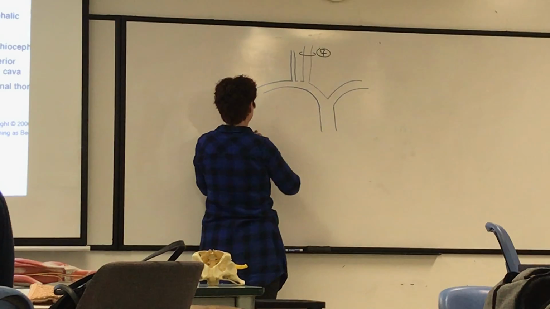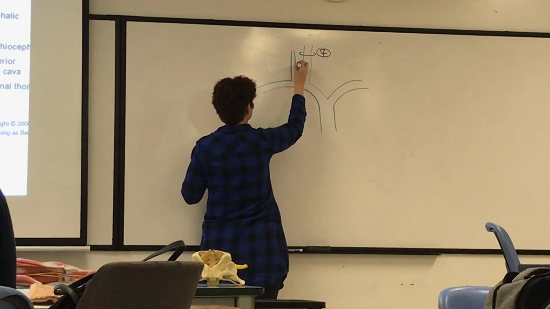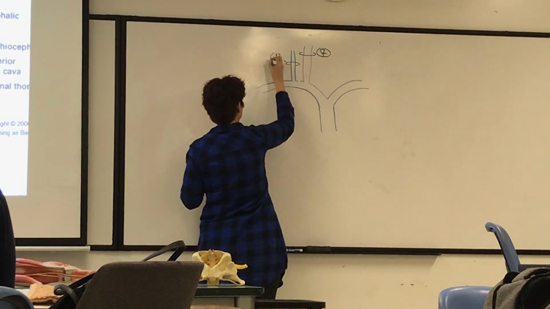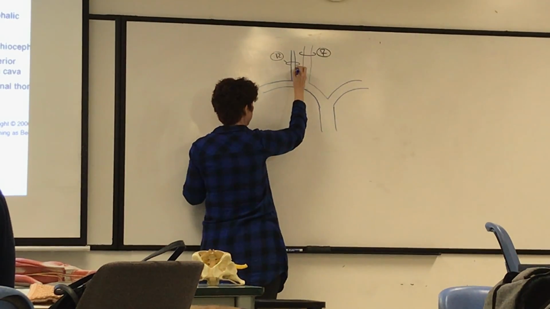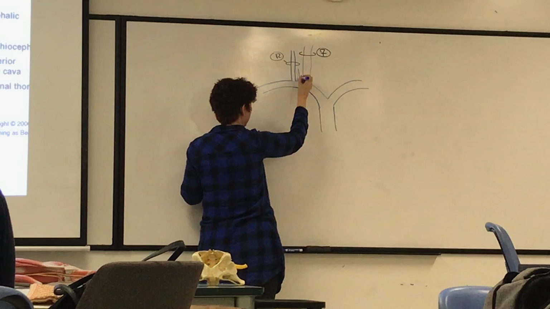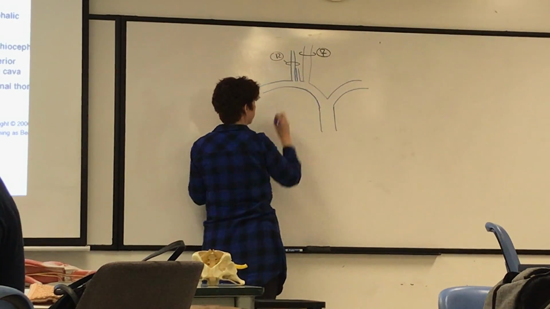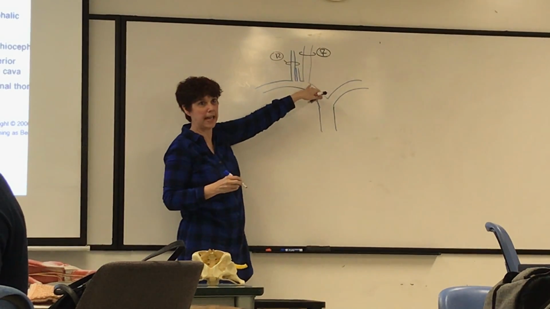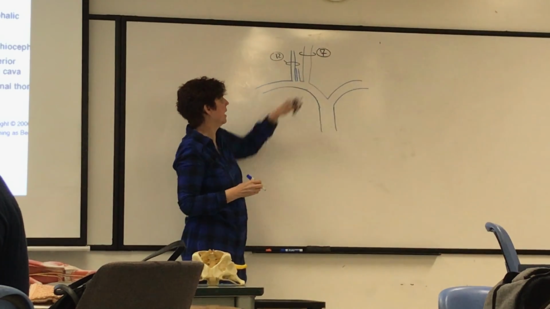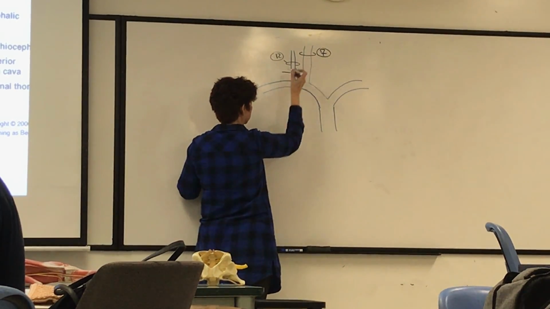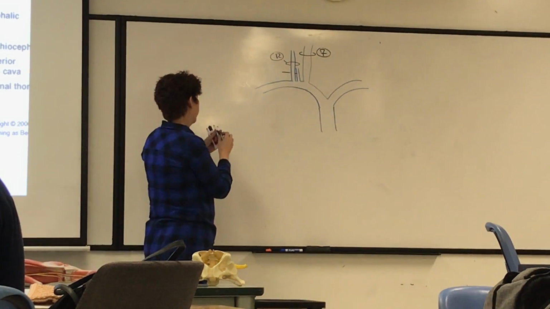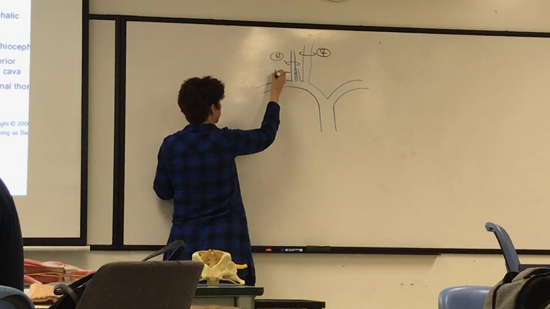It's going to drain into the subclavian. 13 was retromandibular, so we're going to put 14 as vertebral. And 14 comes into subclavian between the internal and external jugulars, and kind of from the back, and drains into subclavian. So this will be 14.